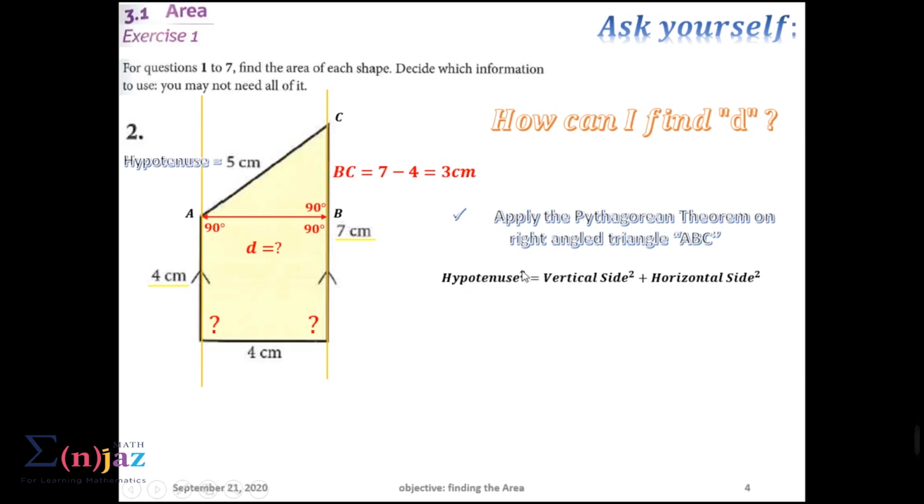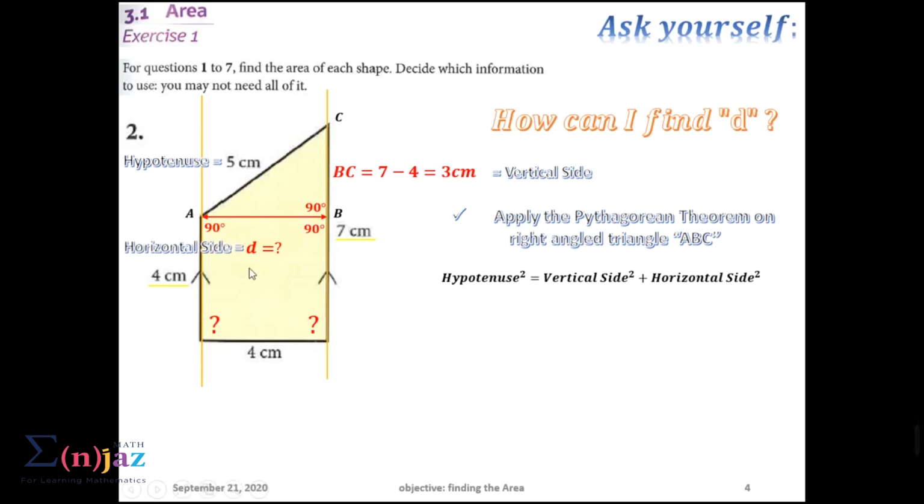States that the hypotenuse to the power of 2 is equal to the vertical side to the power of 2 plus the horizontal side to the power of 2. So this is the vertical side BC, which is 3 centimeters, and the horizontal side AB, which is D, is actually my unknown.